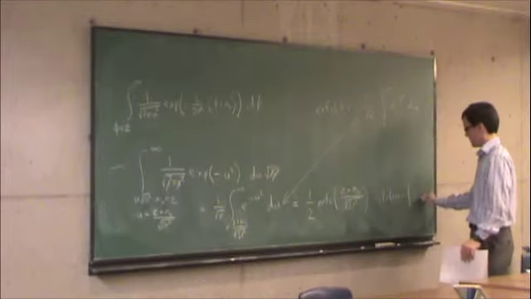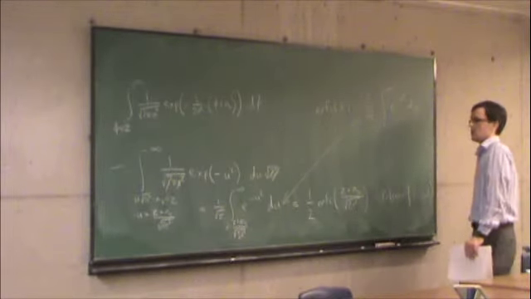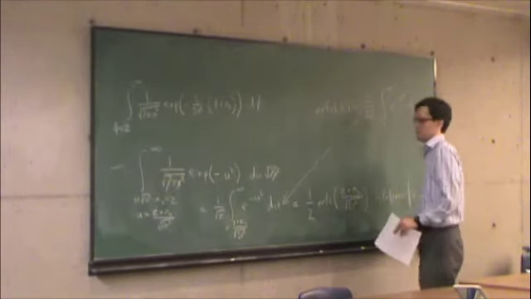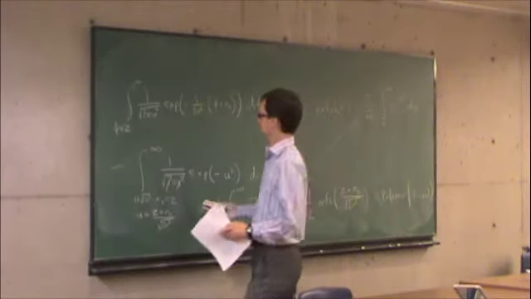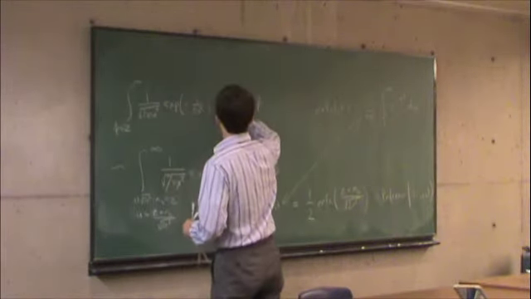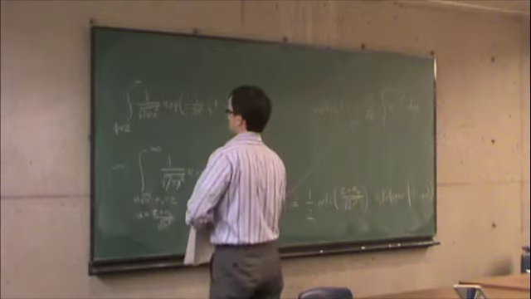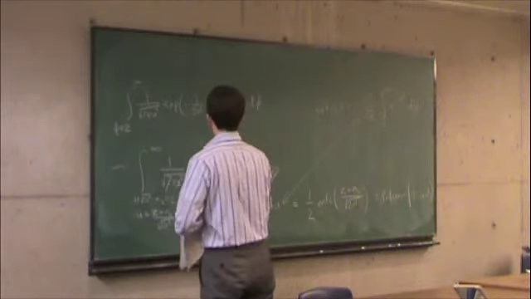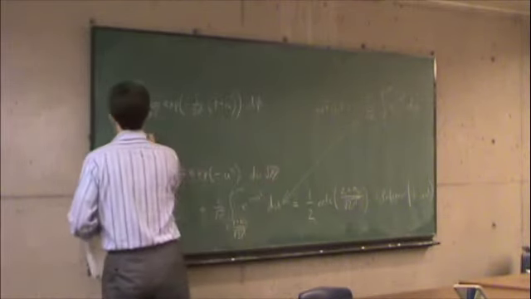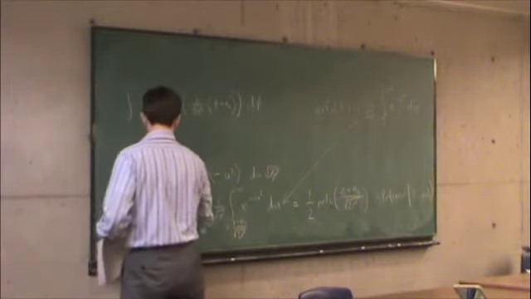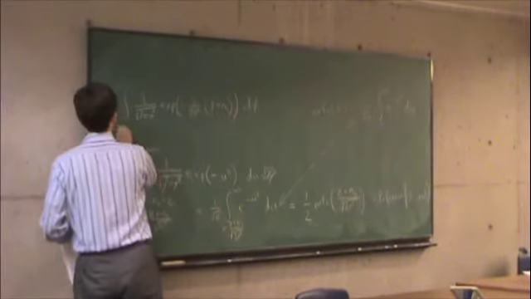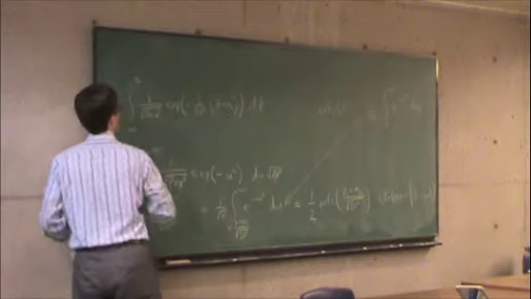Okay, so that is the probability of error given that a 1 was sent. Probability of error given that a 0 was sent: the only real difference is that there are two differences. This is minus, and this is from minus infinity to z.